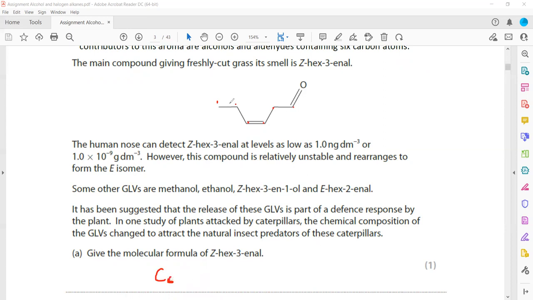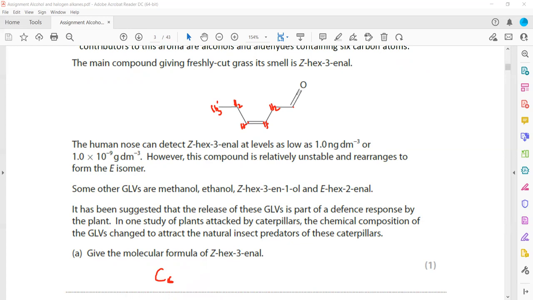Then what about hydrogen? Carbon can form a maximum of 4 bonds. If this carbon has 1 bond, it will have 3 hydrogens here. This has 2 bonds, so 2 hydrogens. This has 3 bonds, so 1 hydrogen, and 3 bonds, so 1 hydrogen. This will have 2 hydrogens.